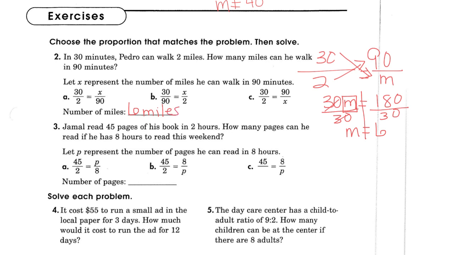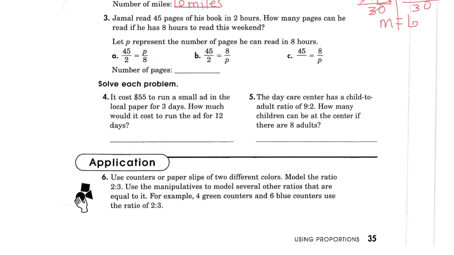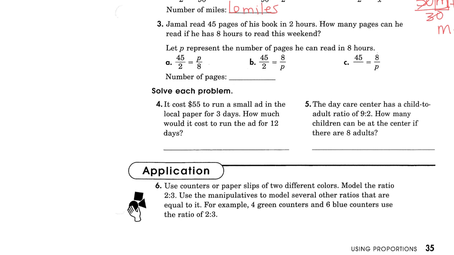So on problem number 3, you are going to use that example that I just did for you to solve problem number 3. If you want to pause the video now, you can do problem number 3 before going on to problem number 4. All right, in problem number 4, I'm going to set up the equation and then you have to solve it. And then in problem number 5, you're going to have to do both.